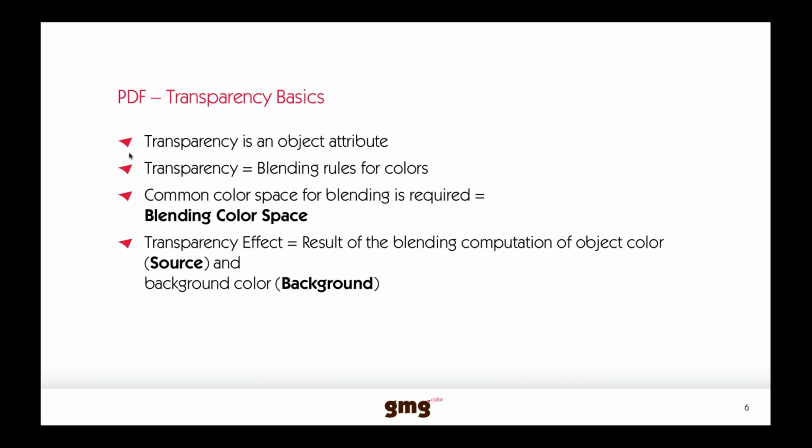It's not possible to calculate with two different color spaces. You need one color space, so the files need to be converted into one color space. Then you're able to blend these colors. The transparency effect results from the blending computation of object colors, source and background.